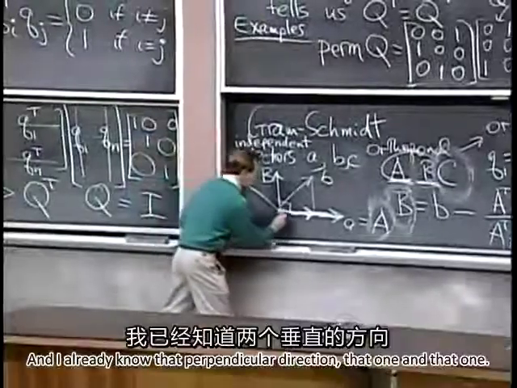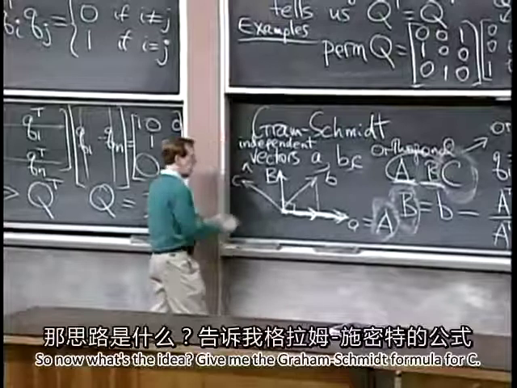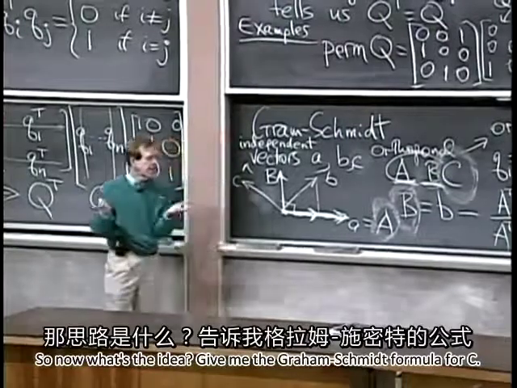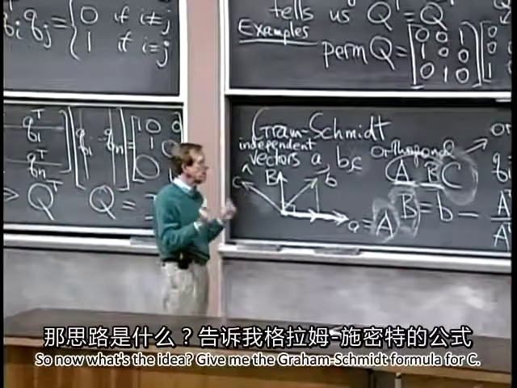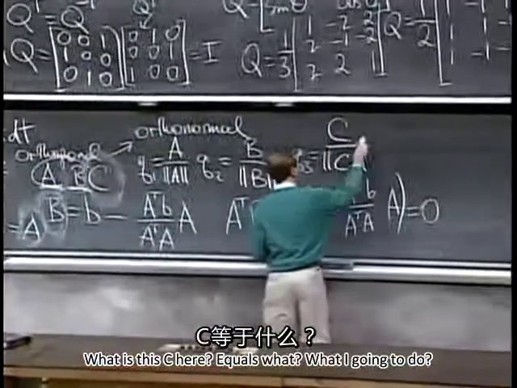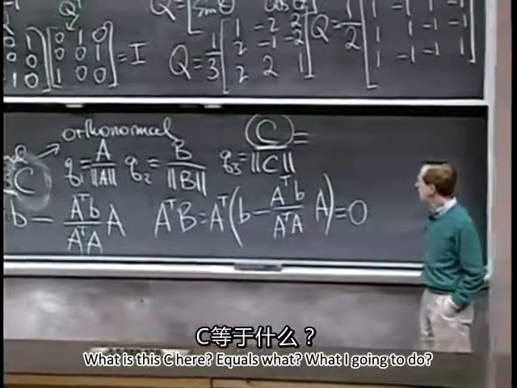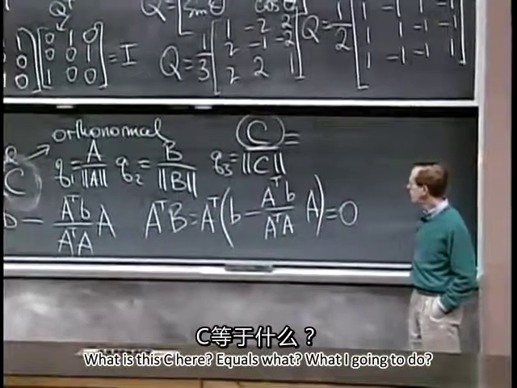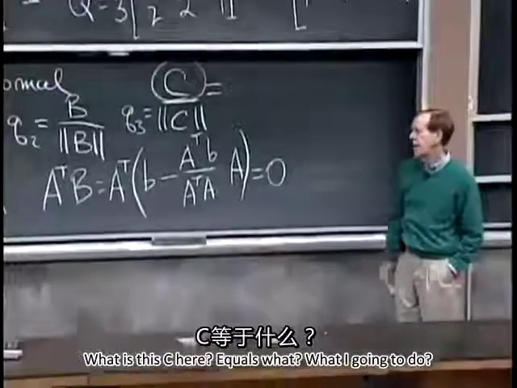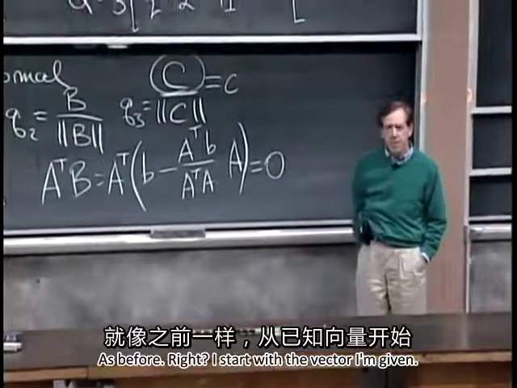And I already know that perpendicular direction, that one and that one. So now, what's the idea? Give me the Graham-Schmidt formula for C. What is this C here? Equals what? What am I going to do? I'll start with the given one, as before.